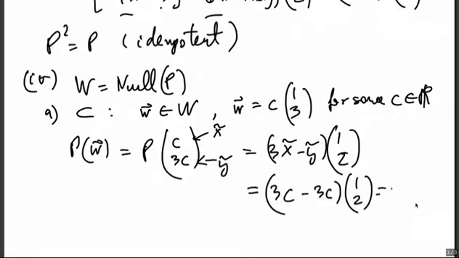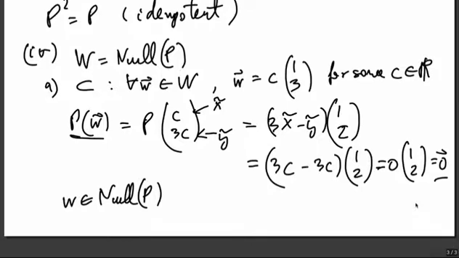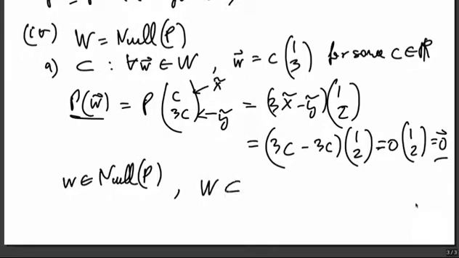That means we are multiplying with 0 the 1, 2 vector, so this is the 0 vector. So Pw equals the 0 vector. That means w is in the null space of P. And since this is true for all w, because we didn't specify anything special, this is true for all vectors from the W subspace. That means the W subspace is a subset of the null space.